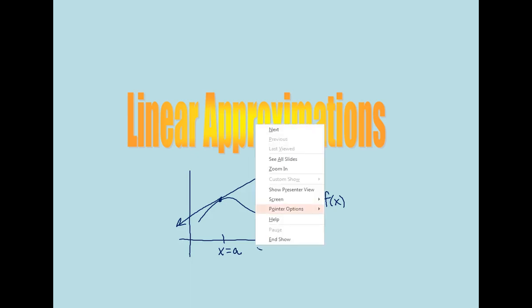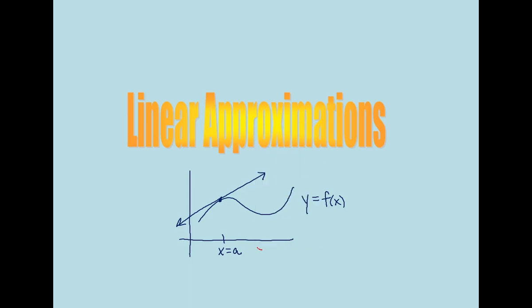Let's say we wanted to approximate a value here for this function. There's the actual function, and let's call this value x equals a plus h.